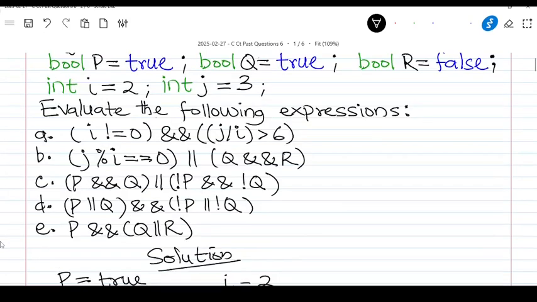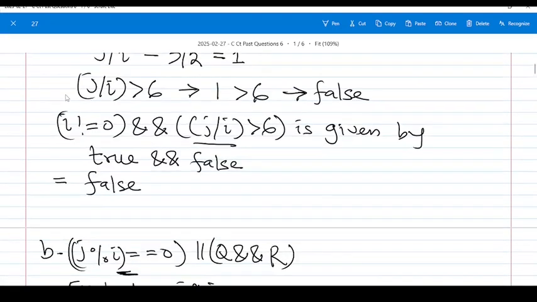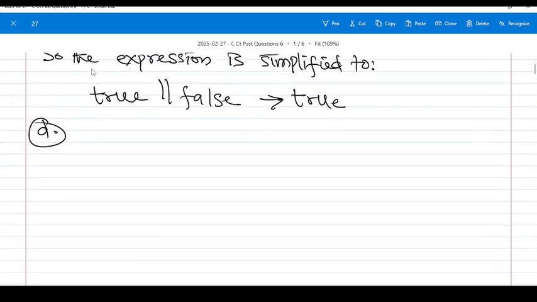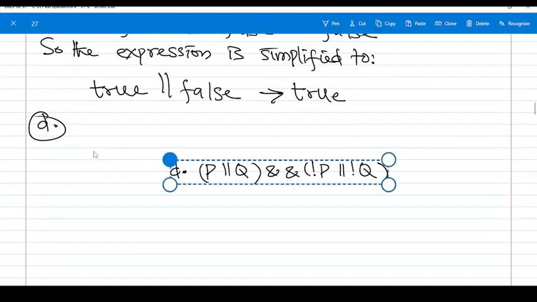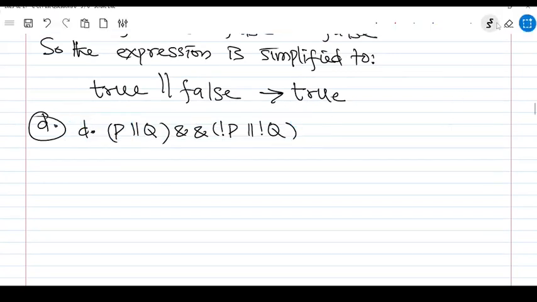Let me just copy it out so that I will not make a mistake, and paste it somewhere.